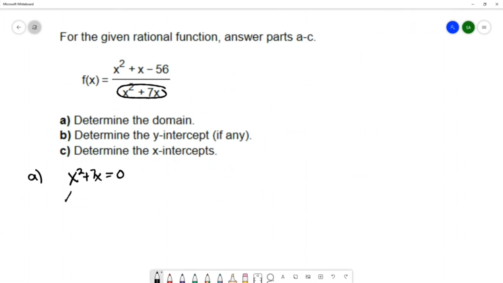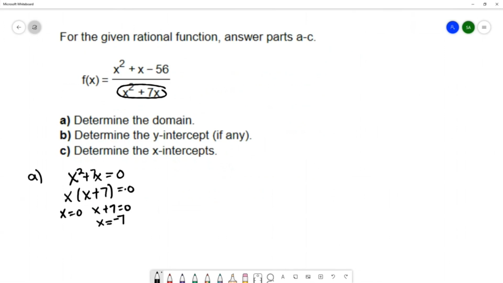This can be factored. I'll factor out an x. If I factor out an x, I'll have x times x plus 7. And I can set each factor equal to 0. That gives me x equals 0 and x equals -7. These two values are going to be the restricted values.